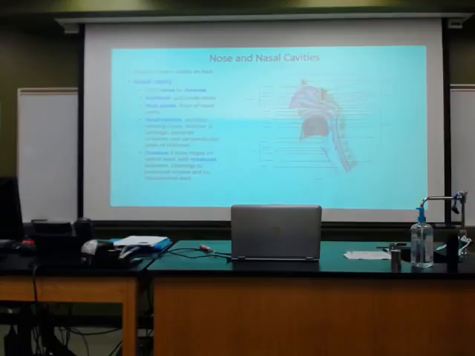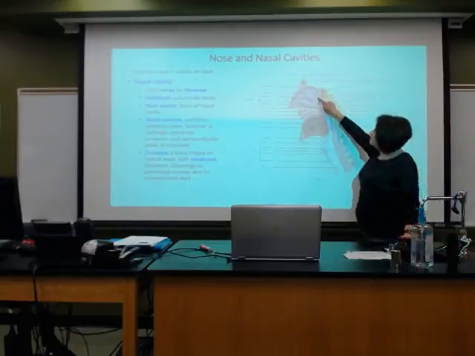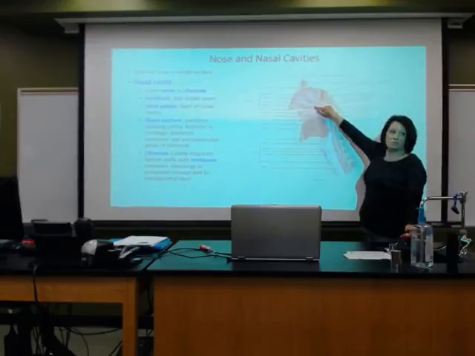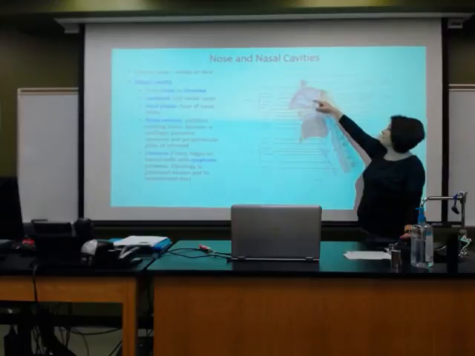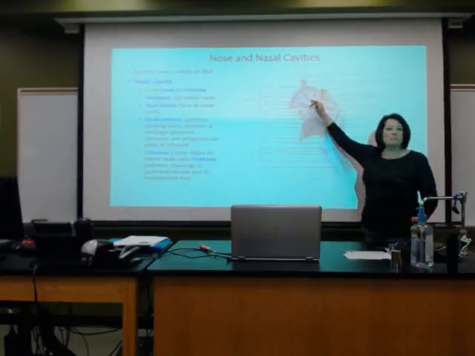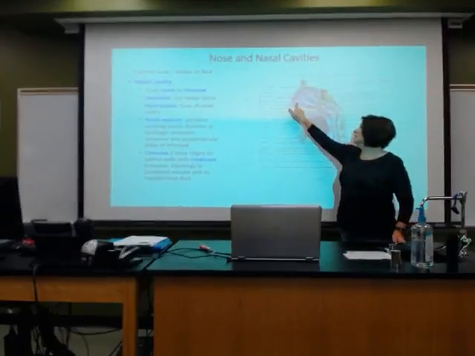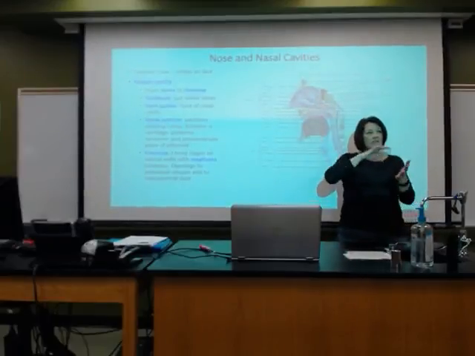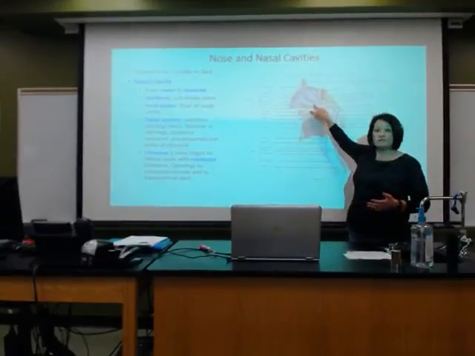Okay? So in the structure that we have in this nasal cavity, we've got these cool little flaps right here. And they're really cool, because when we breathe in, they're going to flap. The air is going to come in, move across that flapping, and the air is going to be warmed.